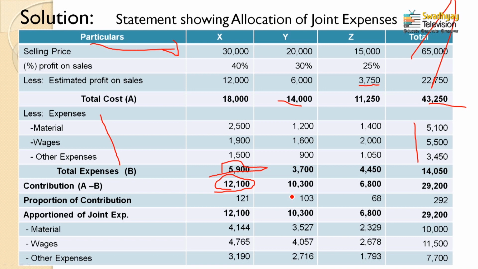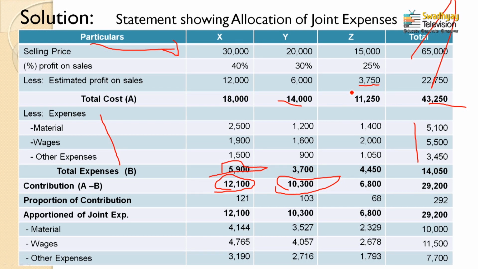In the same way we find it for Y. The total cost is 14,000 minus the separate expenses for product Y, 3,700. So the remaining cost for product Y is 10,300 rupees. And as we determined for the other two products, we will find it for Z also.